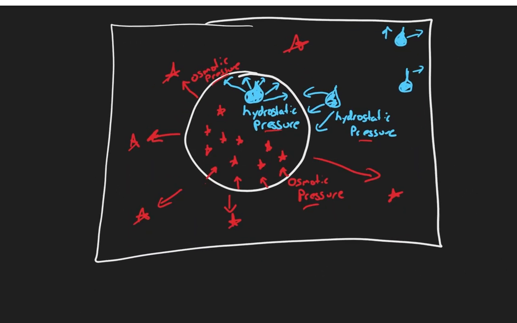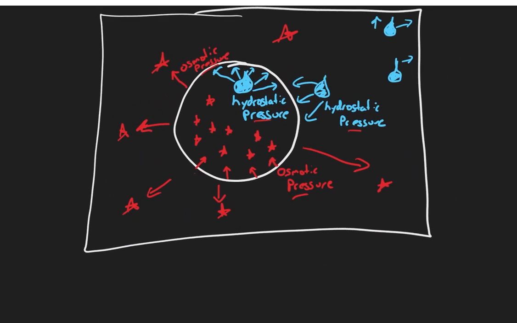So if I zoom out a little bit, move this up, what we can see is that we have a hydrostatic pressure here. So let's imagine that this is our capillary. I'll just write cap here, and this is the tissues. So we have a hydrostatic pressure of the capillary, and that is an outward pressure.